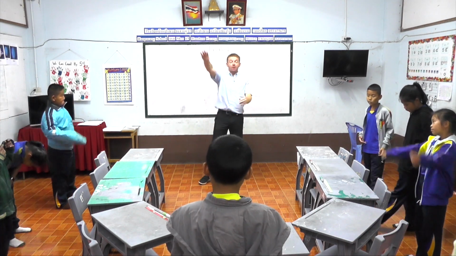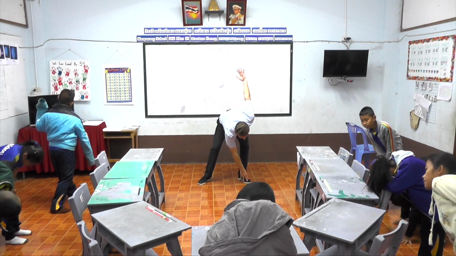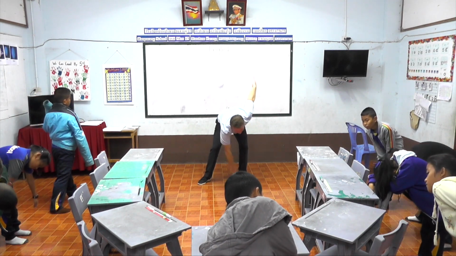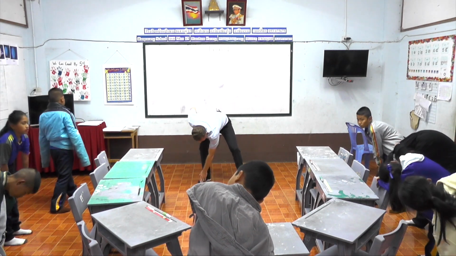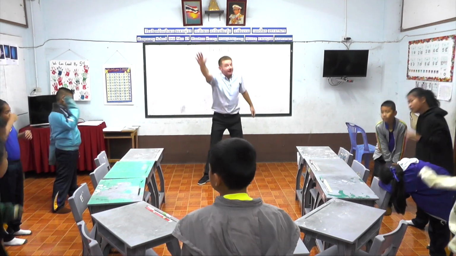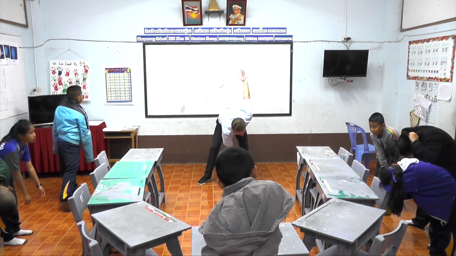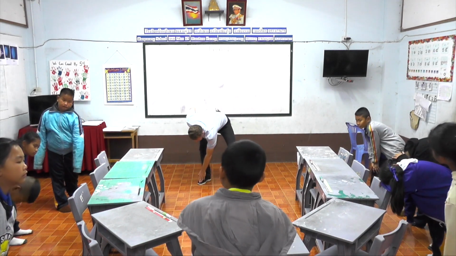And now we can take our right hand and find our left foot. And next we can take our left hand, find our right foot. Right hand, left foot. Left hand, right foot.